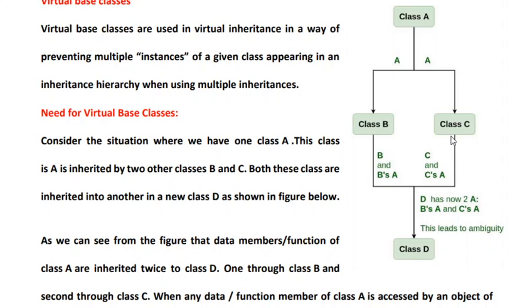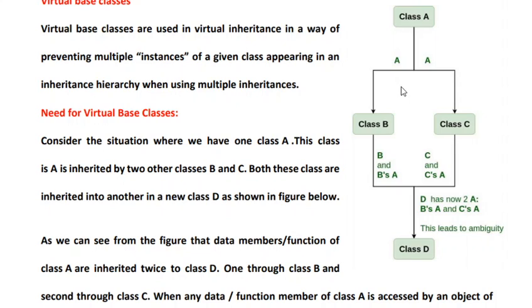So here we have created a combination of hierarchical inheritance, B and C being derived from A, and multiple inheritance, D being derived from B and C.